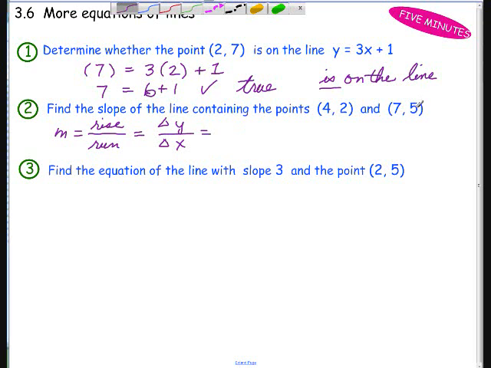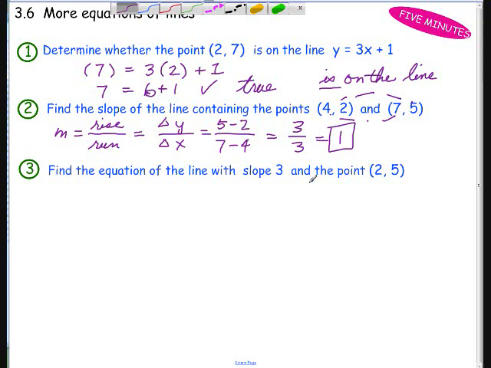So I'm going to say 5 minus 2 for my change in y. If I went from 5 to 2, then I have to go from 7 to 4. That's going to be 3 over 3, so my slope is 1.